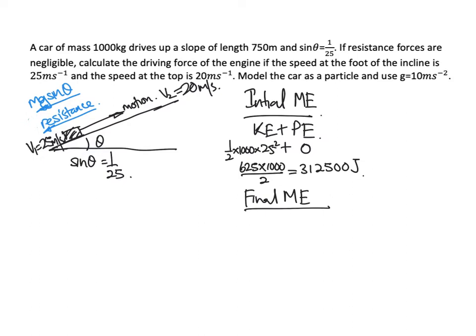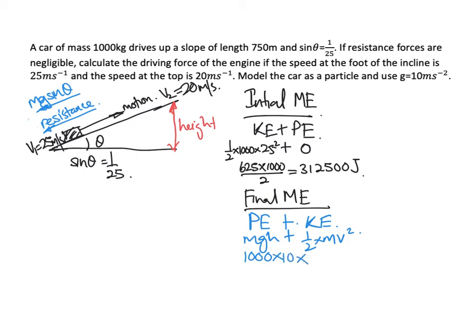Next is the final mechanical energy. It has reached a certain height, so I need to know this height. If there's height, then there is PE, and since there's a speed, KE is involved as well. So mgh plus half mv squared. m is 1000 times 10 times height.